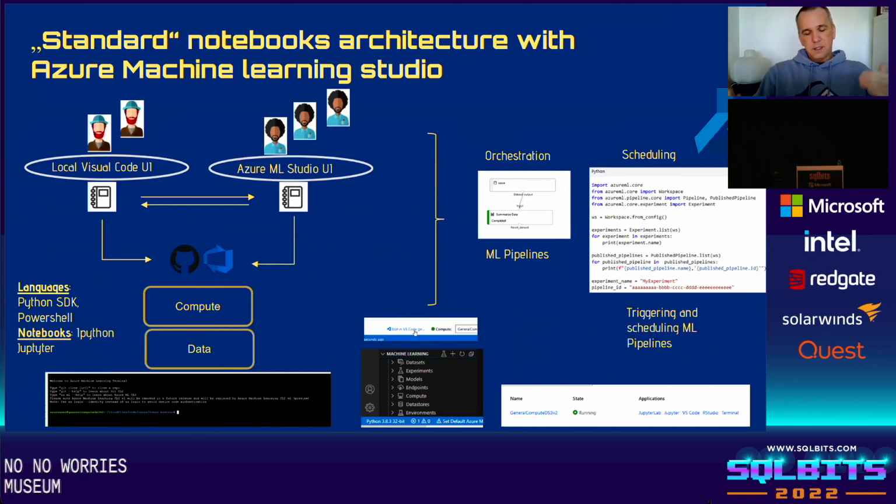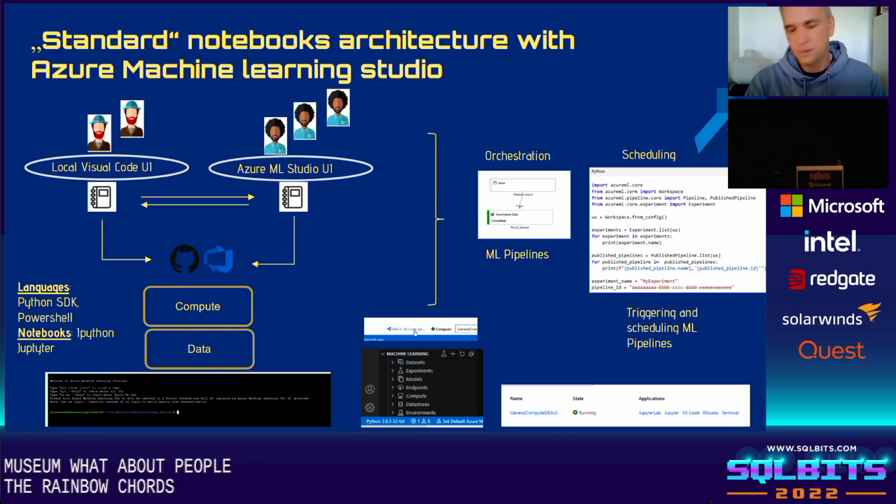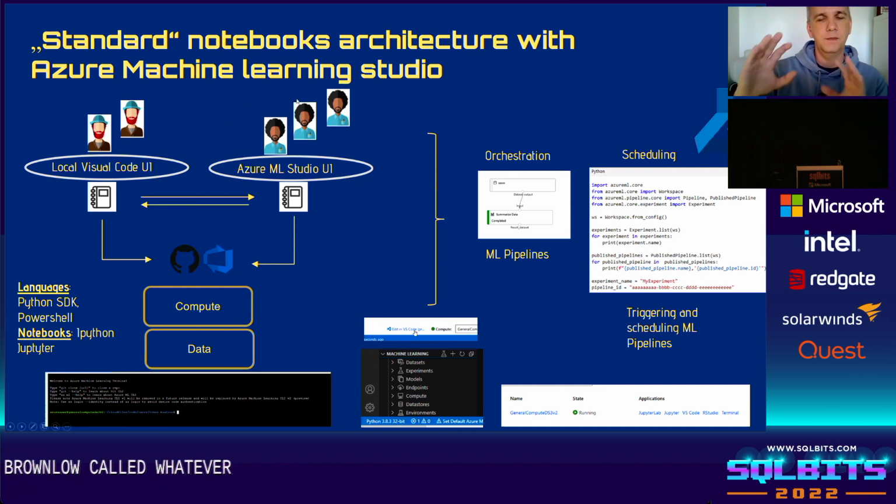Then you're going to say, okay, what about machine learning people? So try to imagine again, you would have people like business analysts, data engineers, or DBAs. They will use their own local Visual Code or whatever user interface they have. And then you would have data scientists or machine learning engineers.